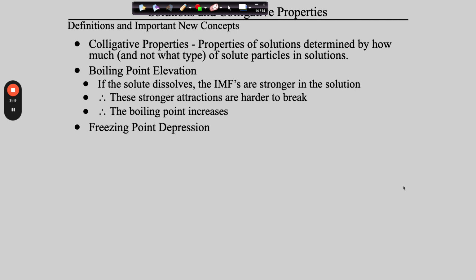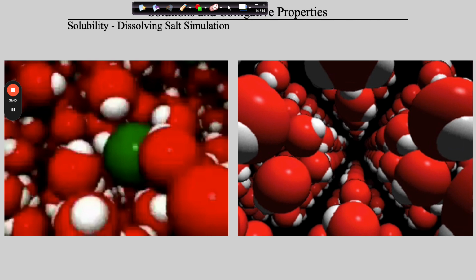So again, guys, scratching this down in your notes, the freezing point goes down, depressed, not elevated, depressed. The freezing point depression colligative property. So let's look at some images and talk about how this works.